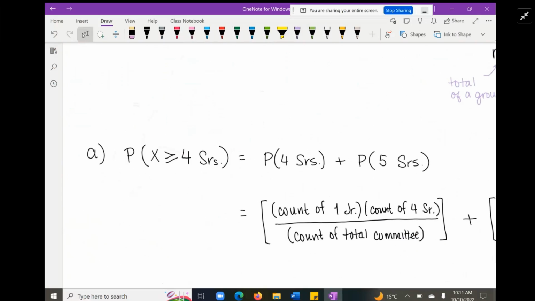So I wrote P of 4 seniors specifically, plus P of 5 seniors. And just a little recap or review. Remember that when we say plus, we're saying or, and this is relating to the addition probability rule. Okay, so that's why I chose to add them.